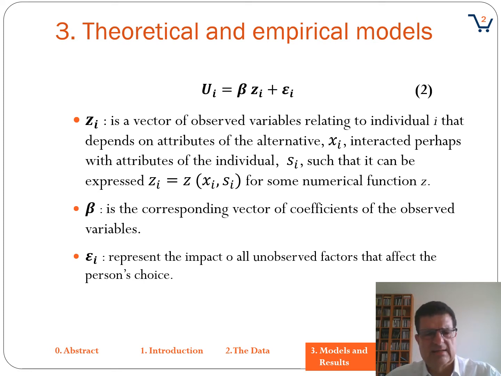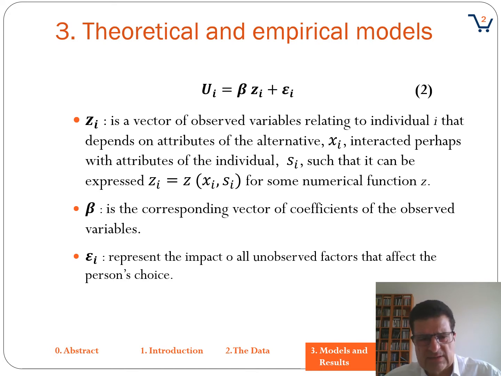And the idea is that we want to approximate the decision making process of the individuals using economic characteristics of the individual and also of the goods or services. Beta is the corresponding vector of coefficients of the observed variables.